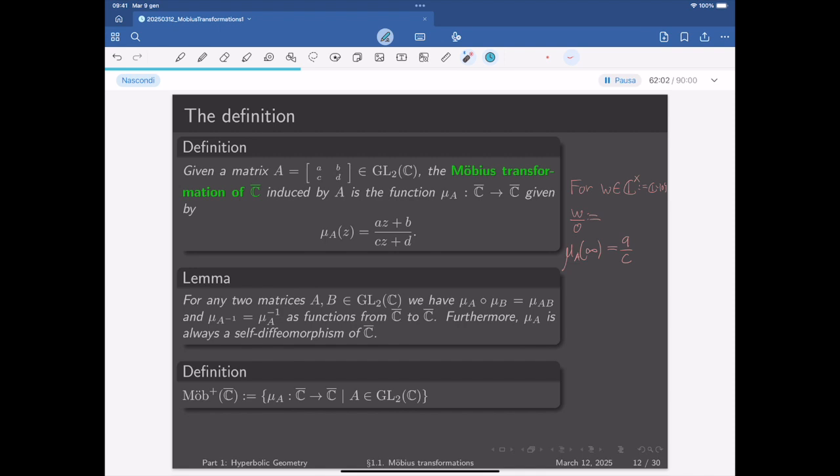That's a very easy direct computation with this formula, or a bit more elegantly, if you see this as the shadow of a bijective linear map from C2 to C2, this is just the fact that the matrix of a composition is the product of their matrices, and then the shadow of that is this, as well as this other identity.